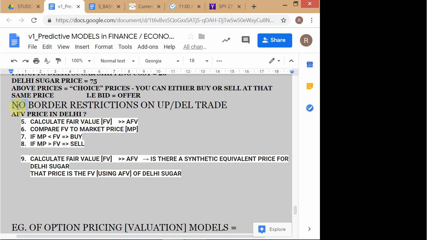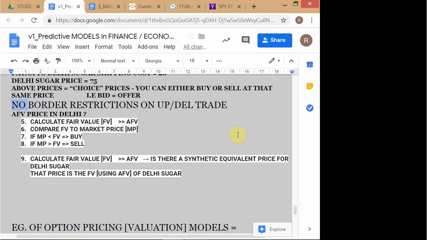So if I put border restrictions, then is there a synthetic equivalent? No. You can't ship it. This is not well written; I'm imagining that Bihar and Delhi are adjoining. Actually Bihar is not in UP, but let's just assume that Bihar is in UP, okay?